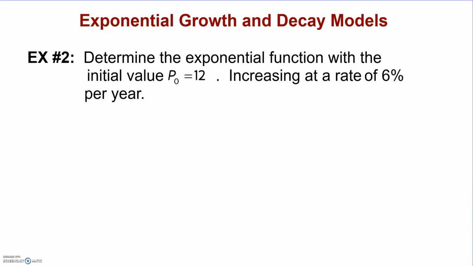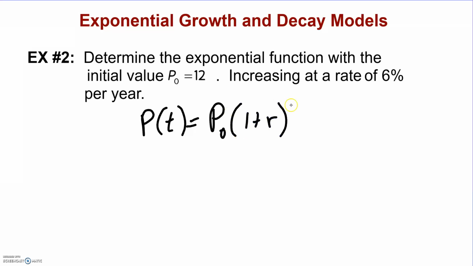Let's look at number 2 here. It says determine the exponential function with the initial value, P initial equals 12, and it's increasing at a rate of 6% per year. So keep in mind our basic formula from the previous page. And then you're just plugging in the values that they give you.